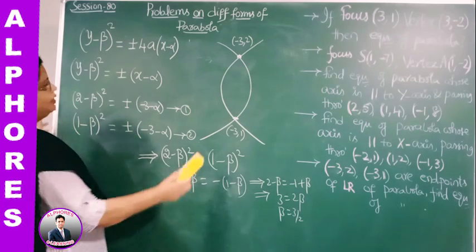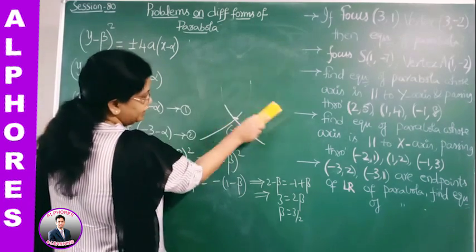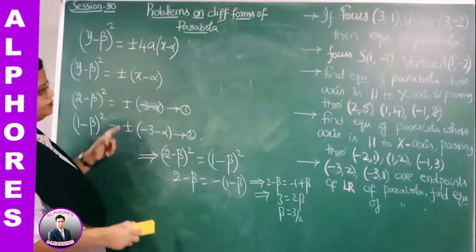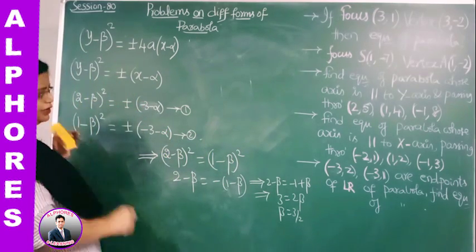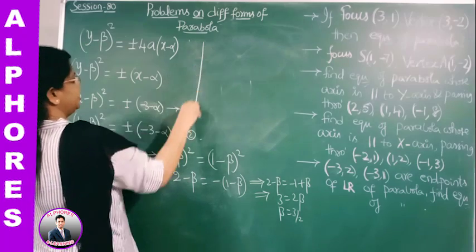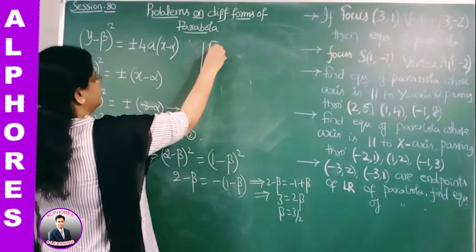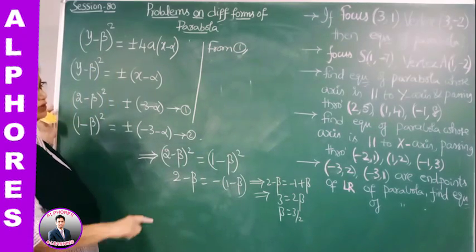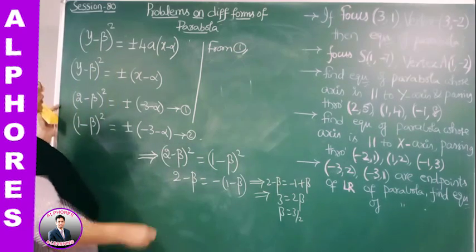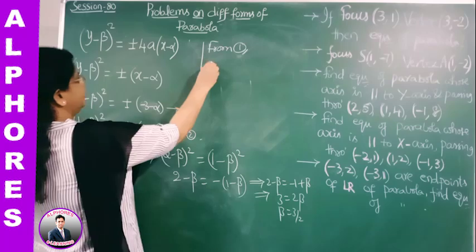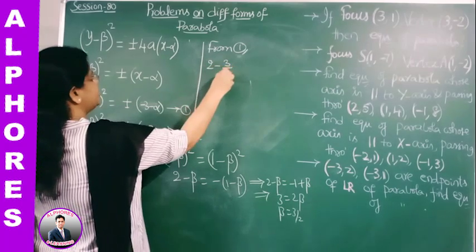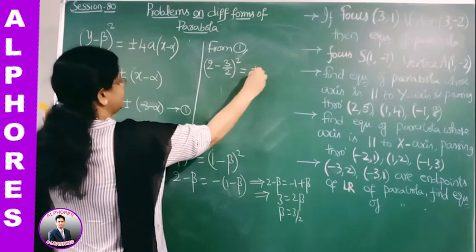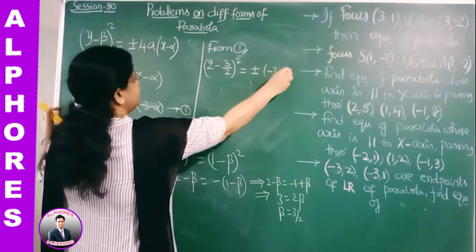Once you got the beta value as 3 by 2, now we can substitute in equation 1 or 2. Any values you can substitute to obtain the alpha value. Okay, therefore if I take equation 1, I substitute the beta value, 3 by 2. So if I write 2 minus 3 by 2 whole square, and this side it is equal to plus or minus 3 minus alpha.